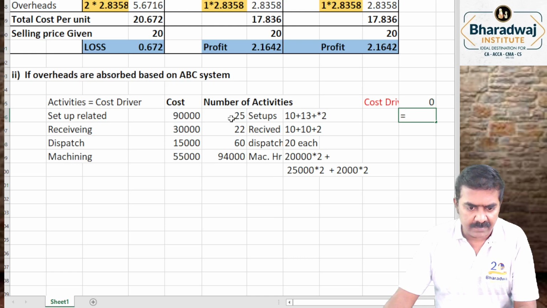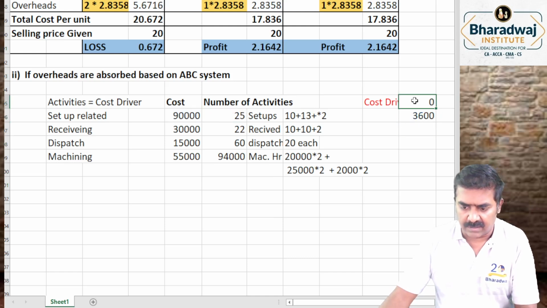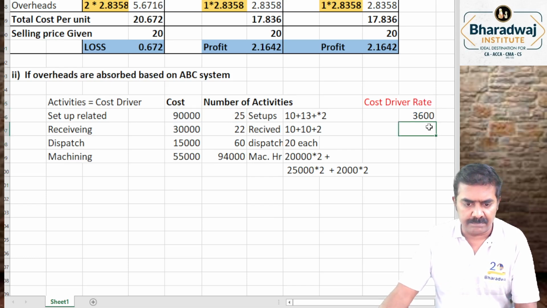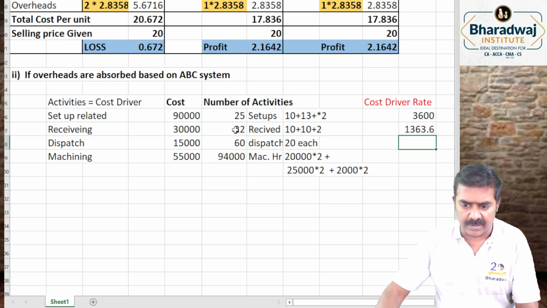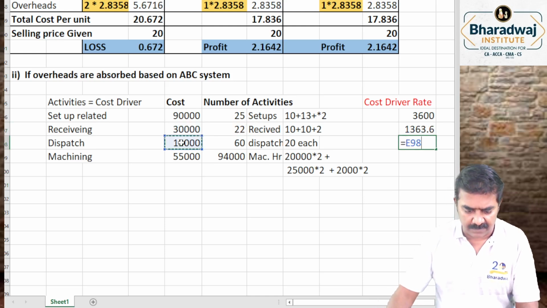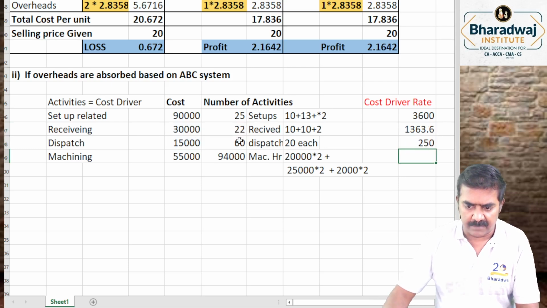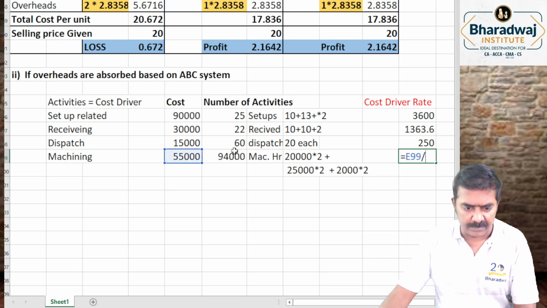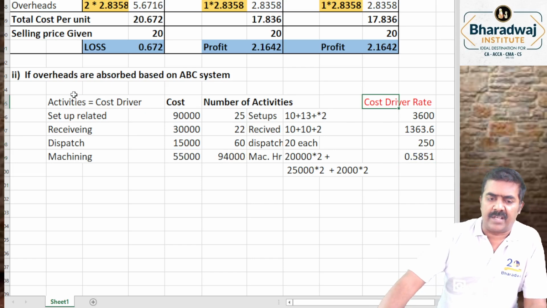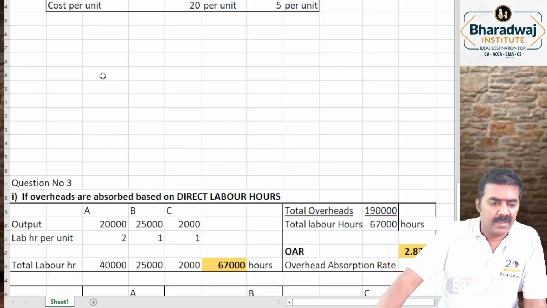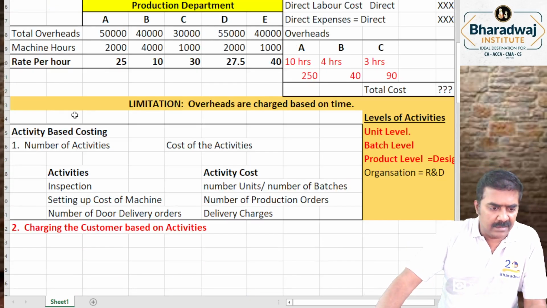Simple, divide it. 90,000 divided by 25, 3,600 per setup. 30,000 divided by 22. 15,000 divided by 16. Then 55,000 divided by what? 94,000. This is per hour. This is called as which rate? Cost driver rate.